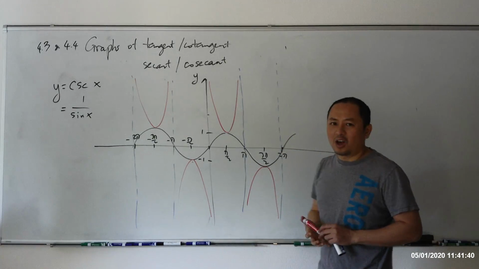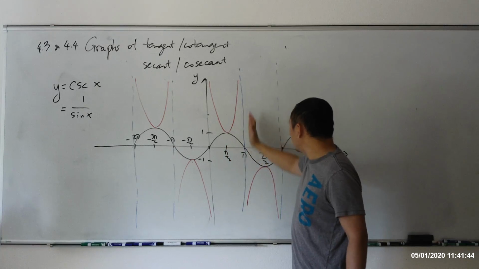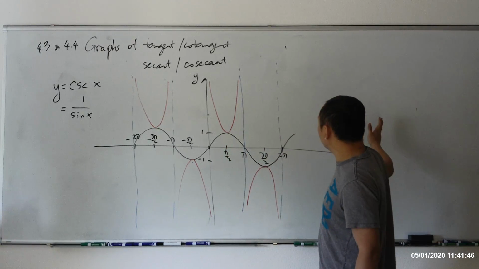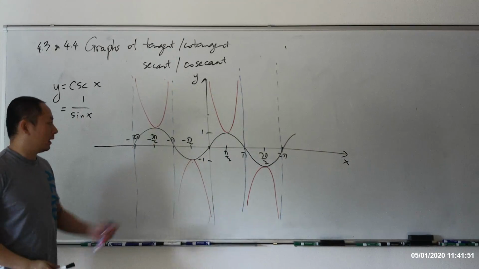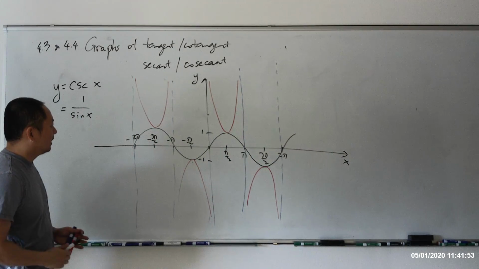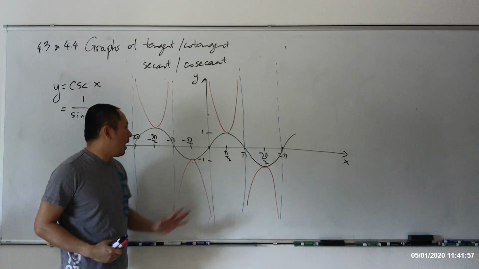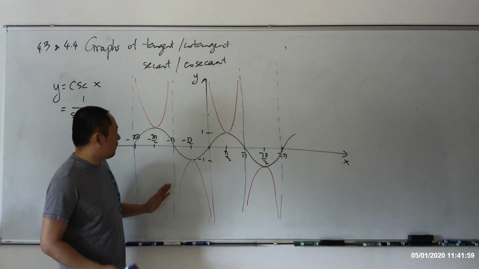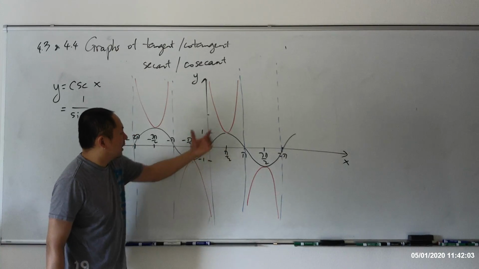It has a lot of vertical asymptotes at x equals 0, x equals pi, x equals 2 pi, x equals 3 pi, 4 pi, and so forth. And on the negative side as well. And one period of the cosecant function is still 2 pi. And you're going to have the entire function. You can go from negative pi to pi, you see. One piece downward and then one piece upward.